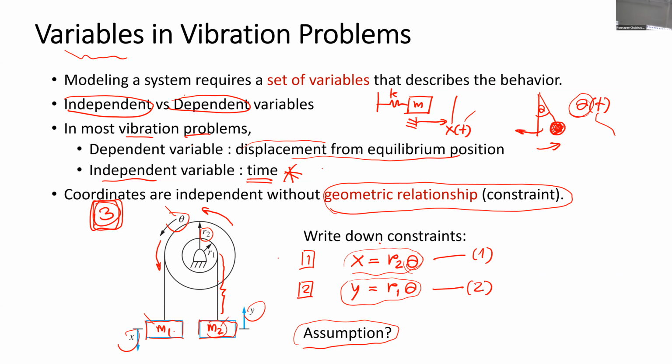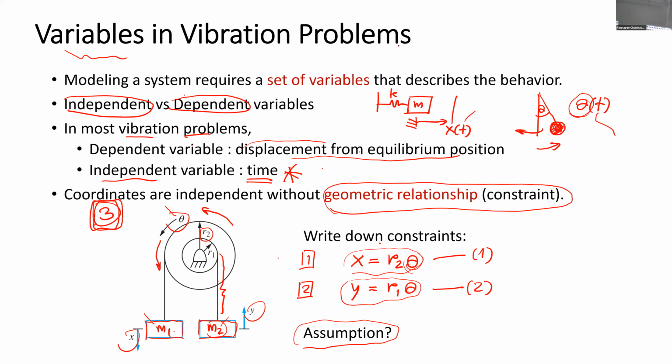Finally, the next keyword that we are going to talk about is the degree of freedom and the generalized coordinate. Do you think this system has how many degrees of freedom?